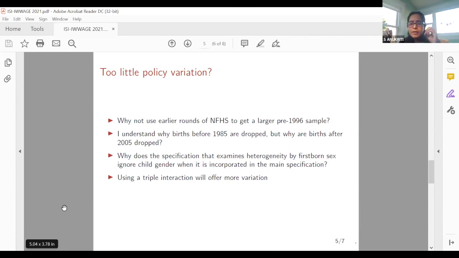But why not combine these two, like we do, and create a triple difference? Because then that gives you much more variation. It's good that you do both these double differences, but now a third thing could be to combine the double differences into a triple difference, especially because you are finding that the effects are concentrated in firstborn girl families. So I think that might be a bit more helpful.